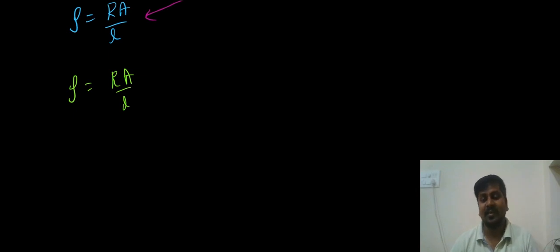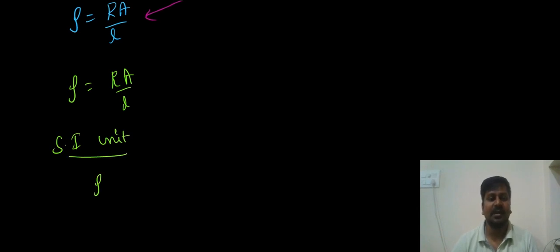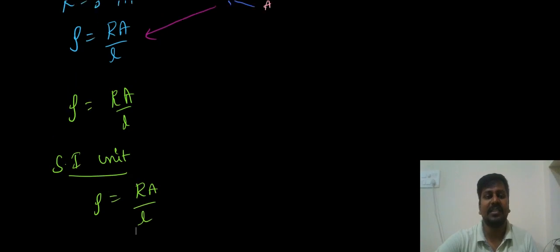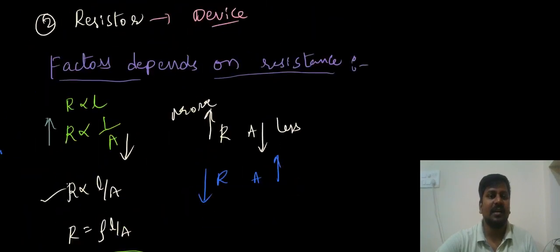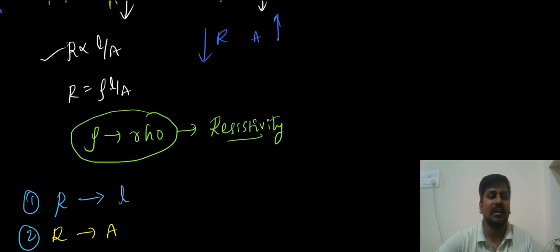So we have to find the SI unit. How to find the SI unit? Take rho equal to R into A by L. What is the SI unit of resistance?